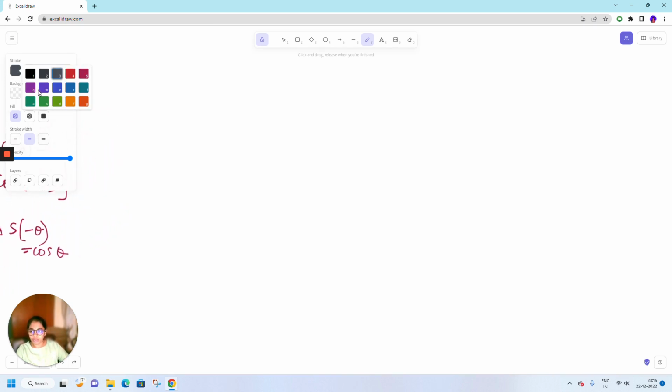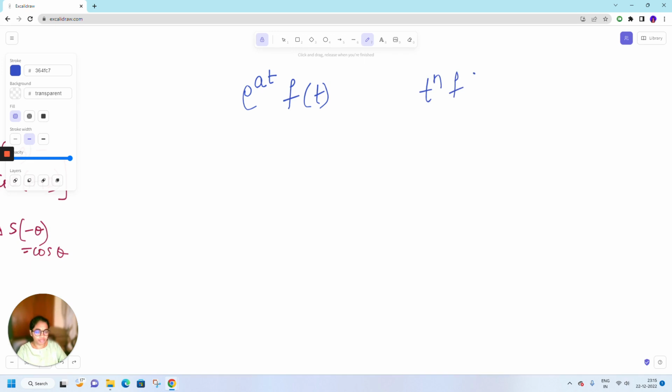Now, suppose they ask me to find the Laplace transform of a function e power at into f of t. Another one is t power n into f of t. The other one is f of t divided by t.